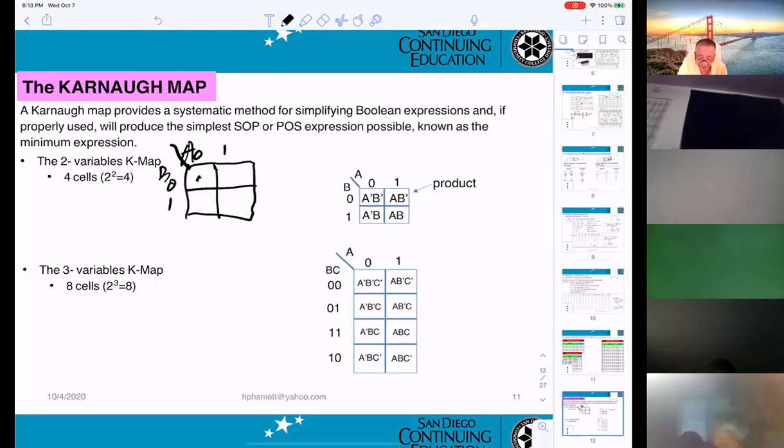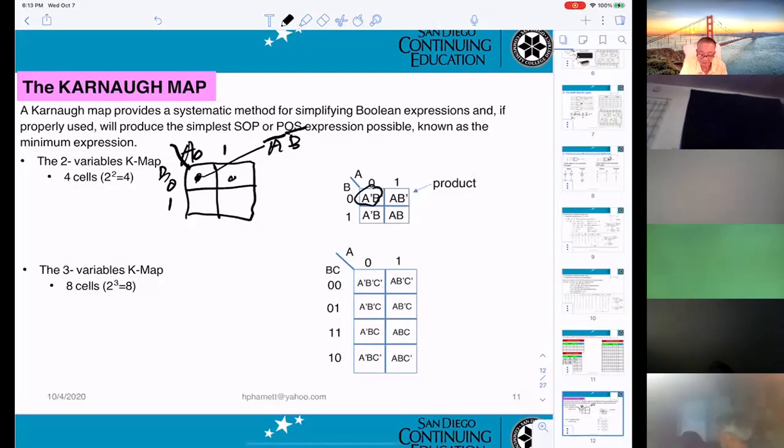On this cell here, what does A equal? 0. A equals 0, that means not A, right? And B equals 0, that means not B.